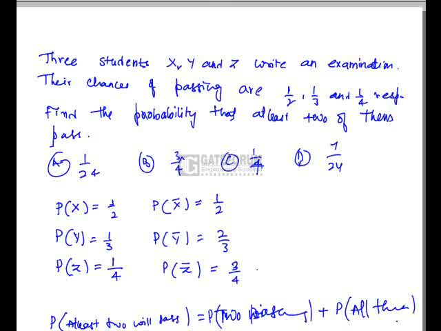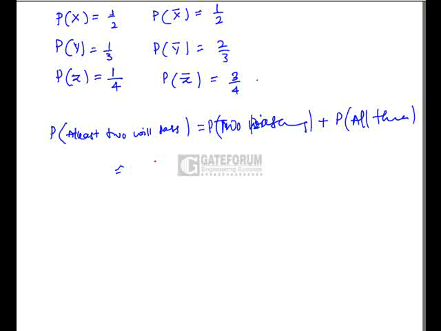Now let us look into the probability of 2 passing. When it comes to 2 passing, it may be x and y, or y and z, or z and x. Then there is the case of all 3, x, y, z. If x and y are passing, then z must fail. If y and z are passing, then x must fail. If z and x are passing, then y must fail.